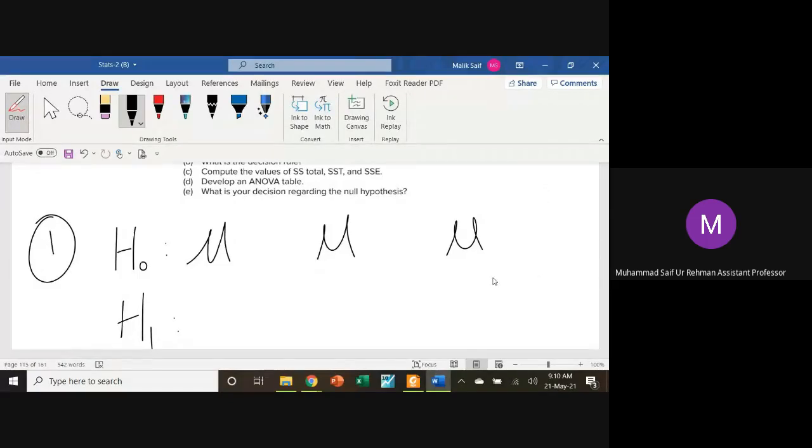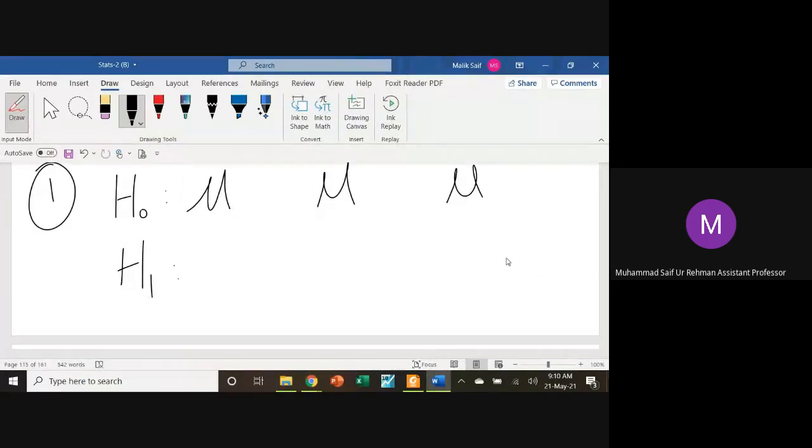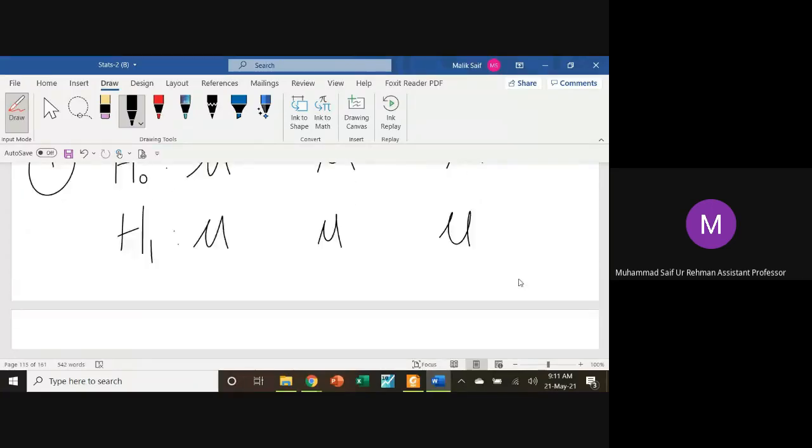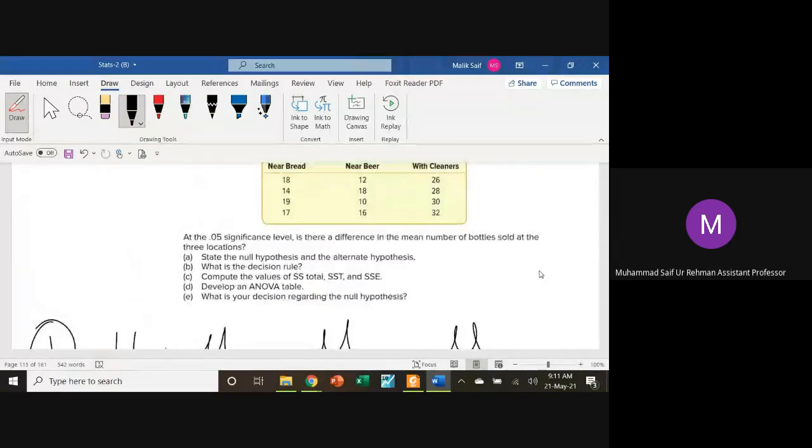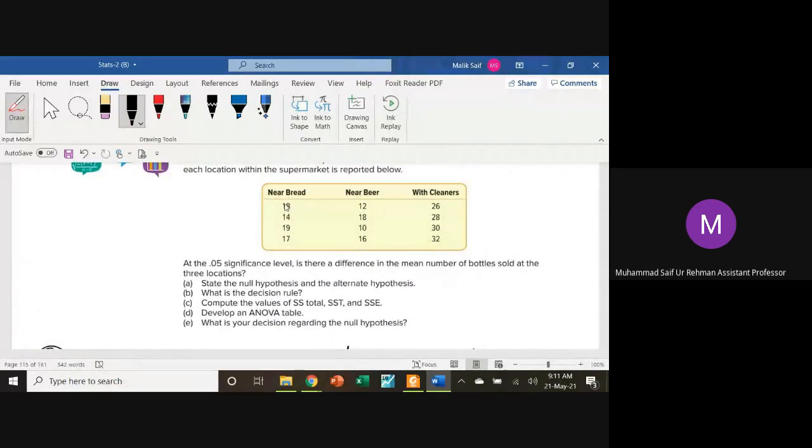you can also write it in two ways. One is that, first of all, you have to see how many samples there are, from how many populations.